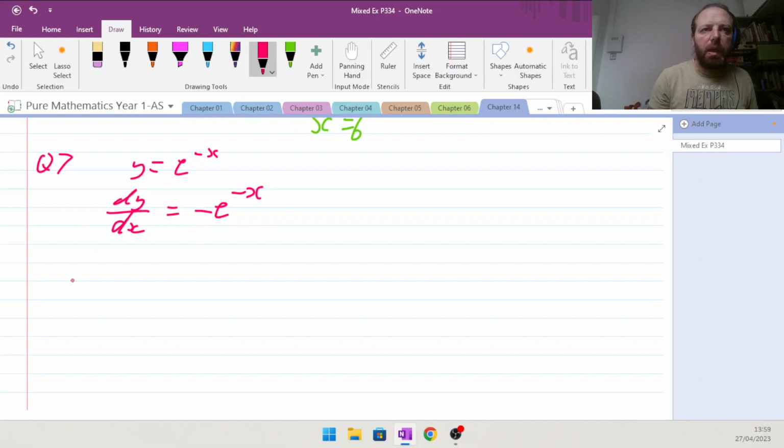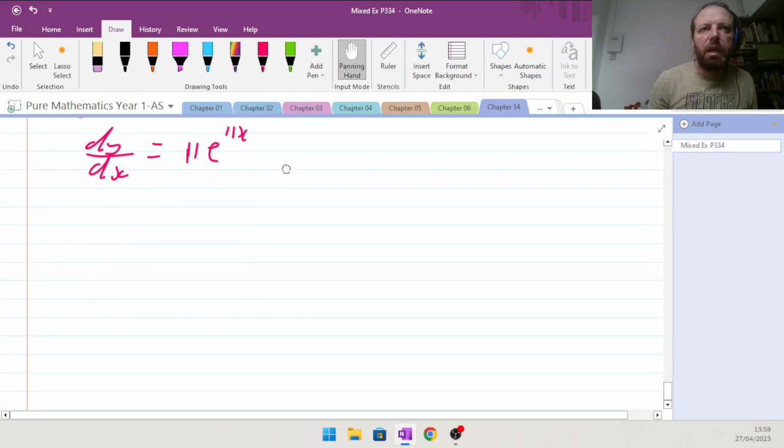There we are. In terms of b, it is e to the 11x, and again dy by dx is equal to e to the 11x, and the 11 comes down, so 11e to the 11x.